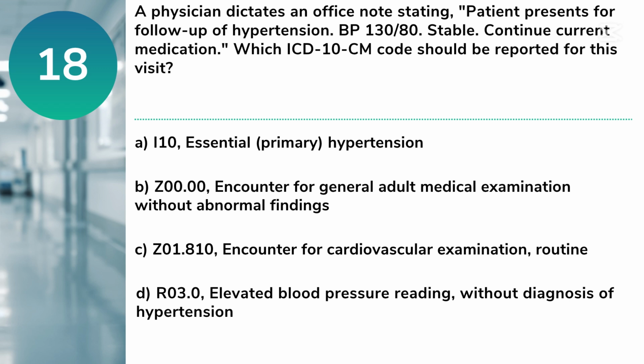Question 18. A physician dictates an office note stating, patient presents for follow-up of hypertension. BP 130/80. Stable. Continue current medication. Which ICD-10-CM code should be reported for this visit? A. I10, essential, primary, hypertension.